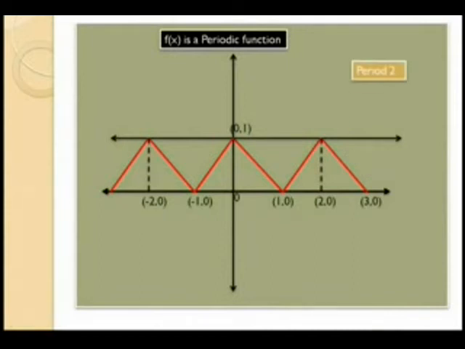Also one important point to note is we clearly see that this is symmetrical about the y-axis, and if the graph of a function is symmetrical about the y-axis, then it is an even function, and so we can say that f(x) is an even function because its graph is symmetrical about the y-axis. Thus we can say that f(x) is a periodic function and the period of f(x) is 2. Also f(x) is an even function.